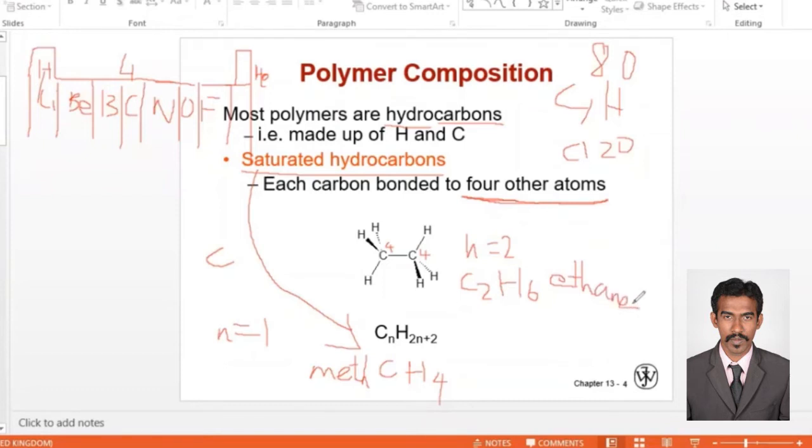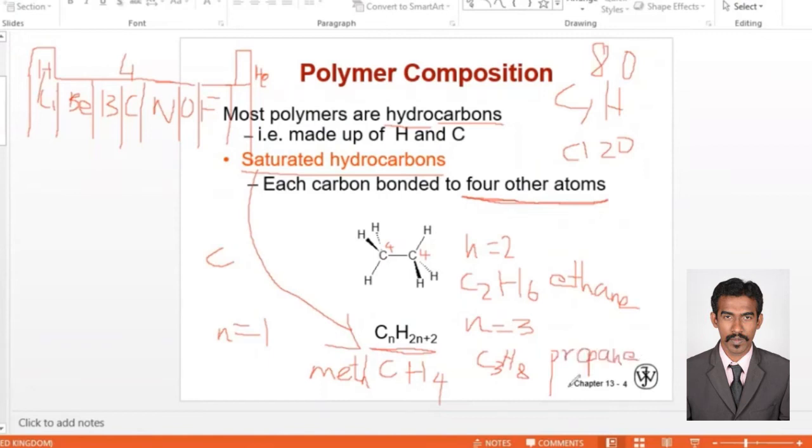Similarly, if you put n equal to 3, C3, and H is 2 into 3 plus 2, which is 8. So C3H8 is called propane.